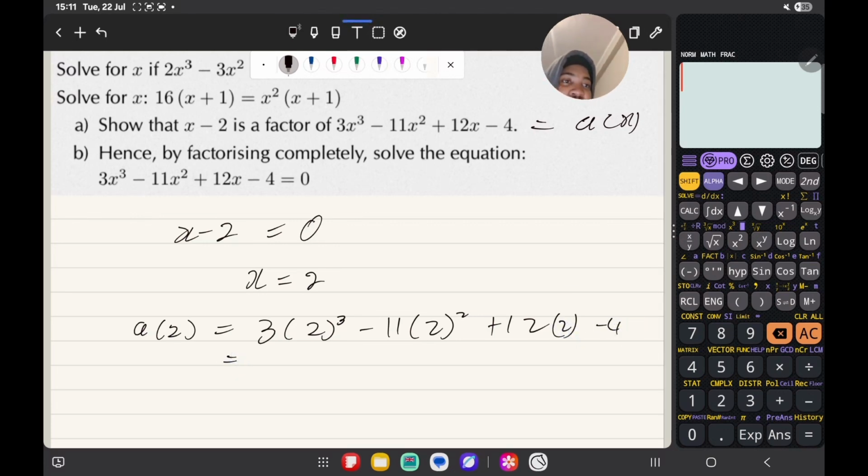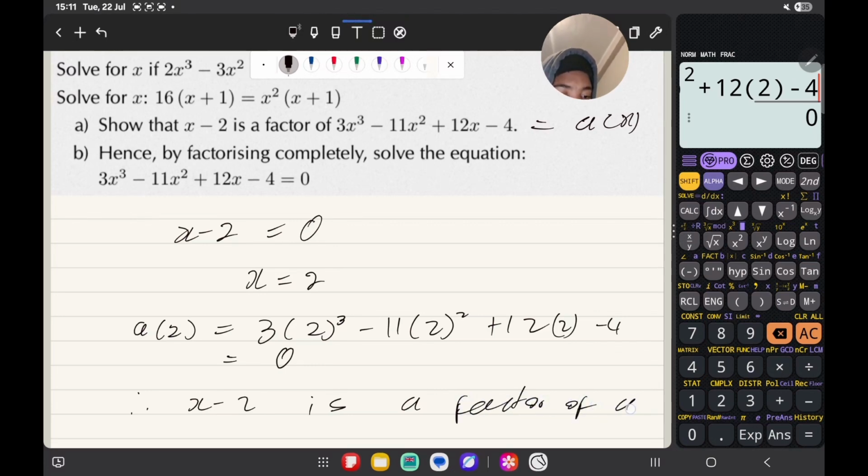Put that in a calculator. And we get 0, right? You then say, therefore, x minus 2 is a factor of a of x, our polynomial, right?